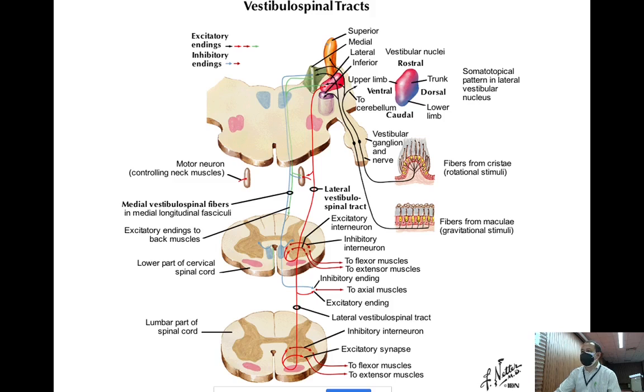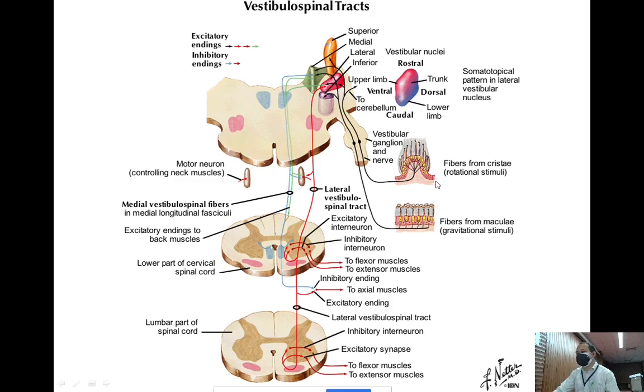One thing that needs to be mentioned is that these vestibular nuclei receive signals from the otolith organs and the semicircular canals, where we have these receptors.